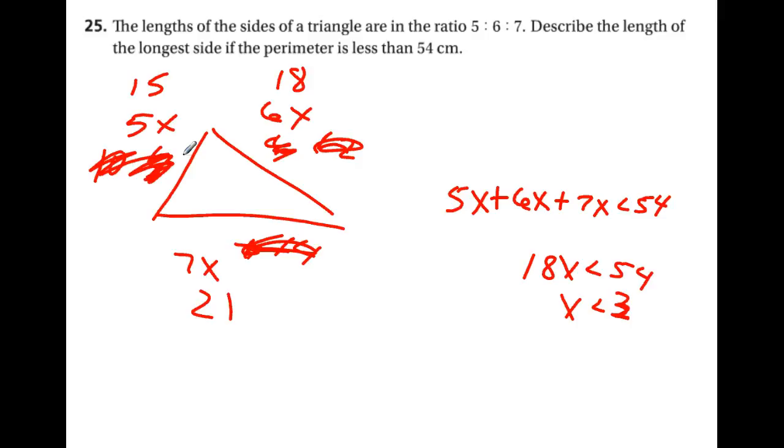Now if you add all those up, you get 54, and it says the perimeter has to be less than 54. So if I was going to describe the length of the longest side, it can't be 21, it would have to be less than 21. So the longest side, 7x, has to be less than 21. Okay? So that's that one.